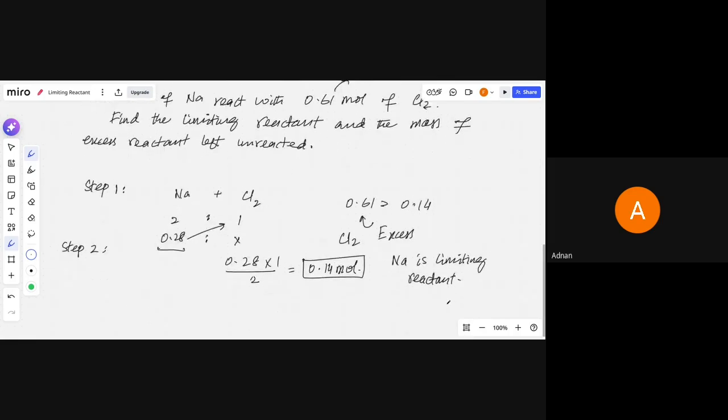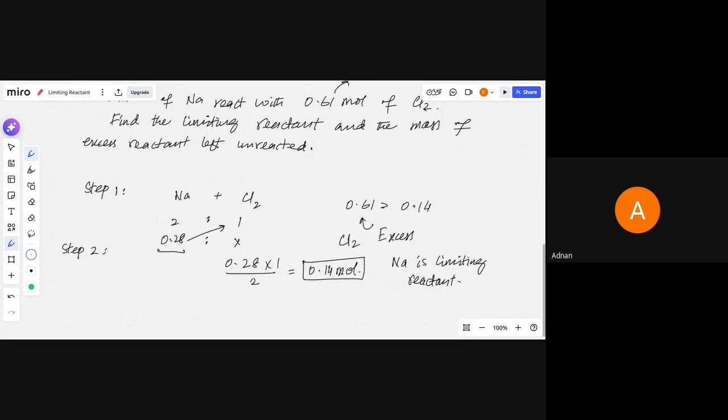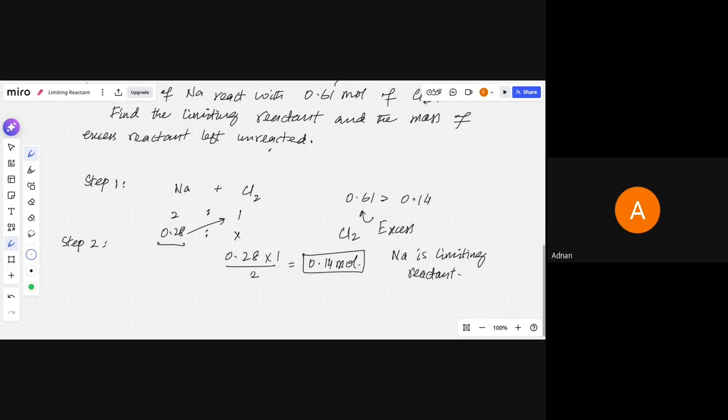And now the second part of the question: find the mass of the excess reactant left unreacted. Okay, so similarly, we can see that we have 0.61 moles of chlorine, and we only require 0.14. So I'm going to subtract 0.14 from 0.61.